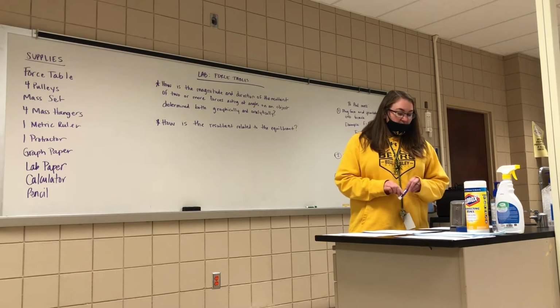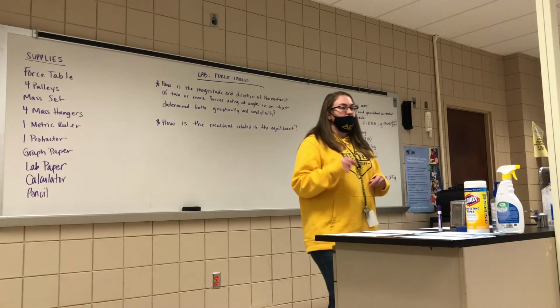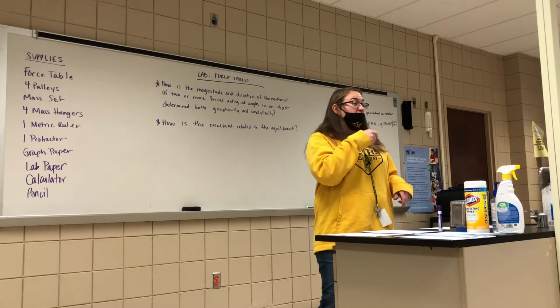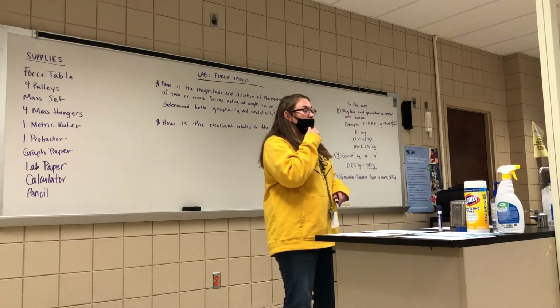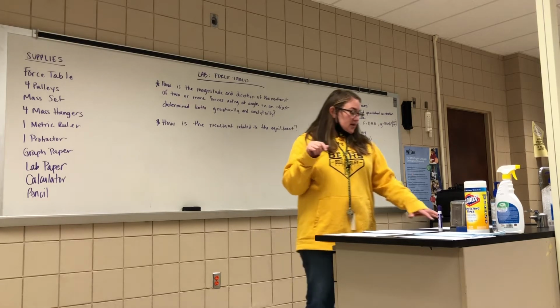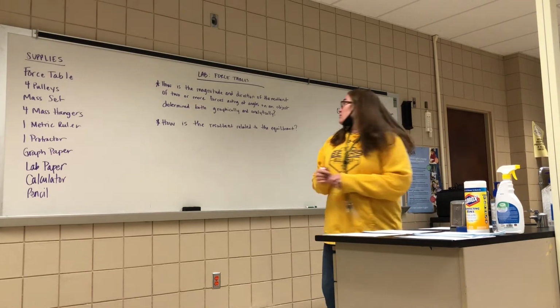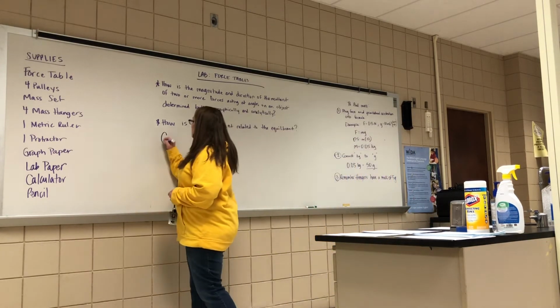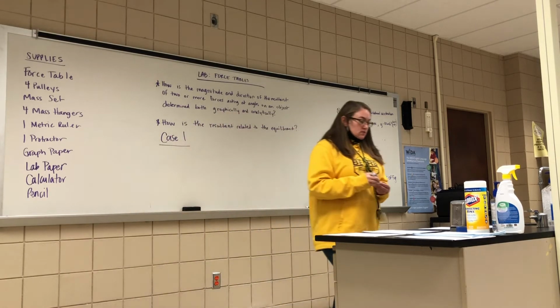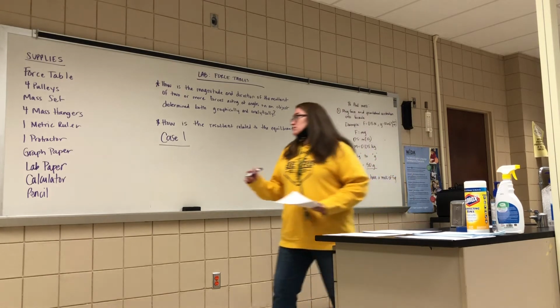Okay, so now we need to set up our force table for the first case. All right, and we're going to make sure that we predict, after we get it set up, we want to make sure that we make our prediction before we get into working anything out. So in case number 1, you've got 2 forces.